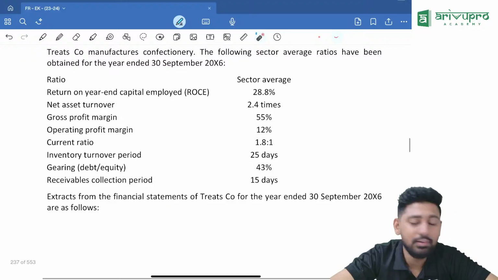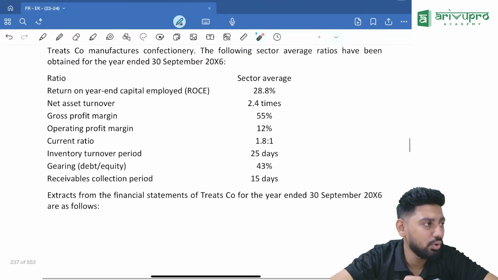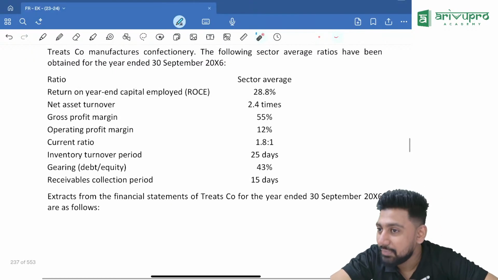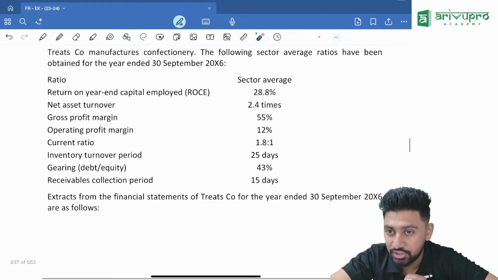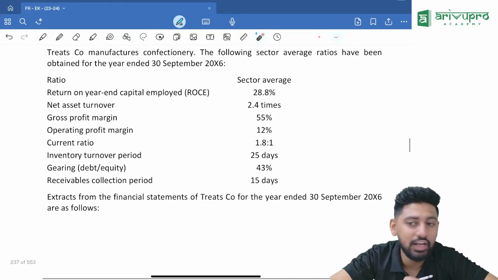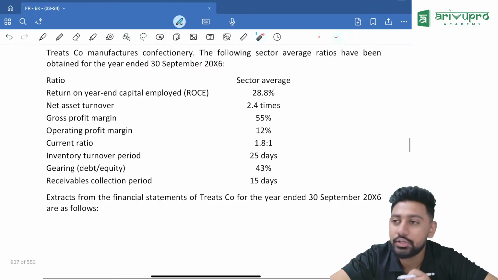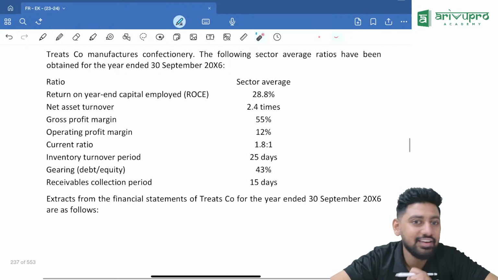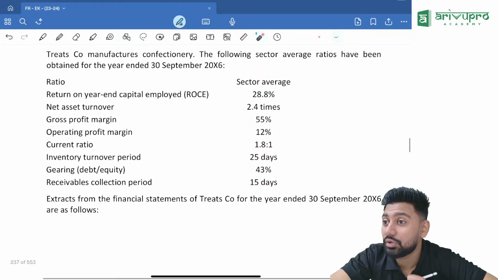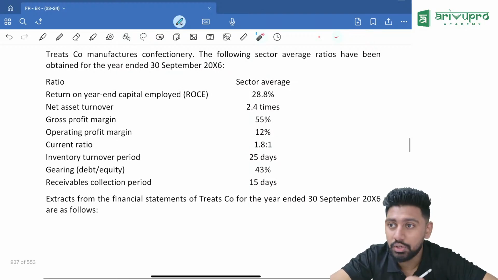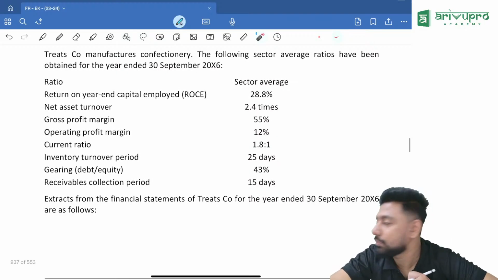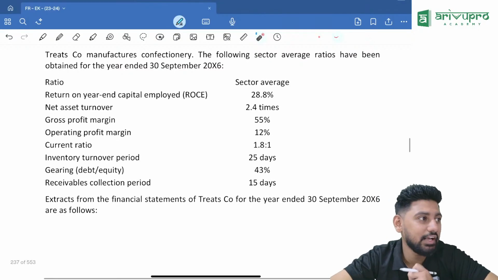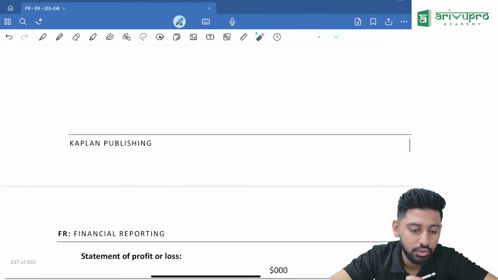If you ask me about each ratio individually, what it means and how it changes and what impact it has on the profit or loss statement, I have already covered it in my recorded session. If you've not gone through it, please do, and come back, because you will understand better what I'm going to do now.